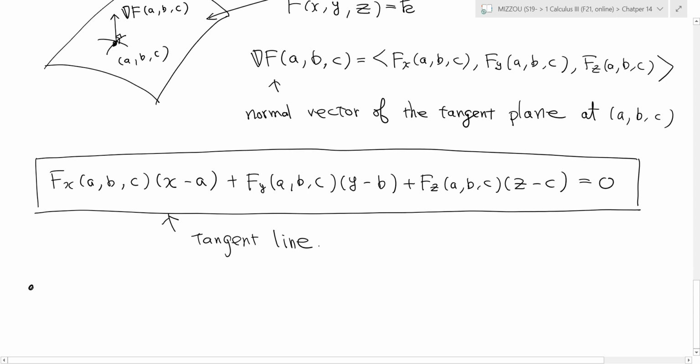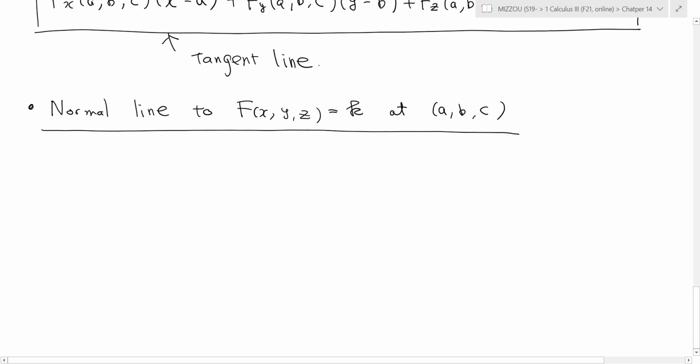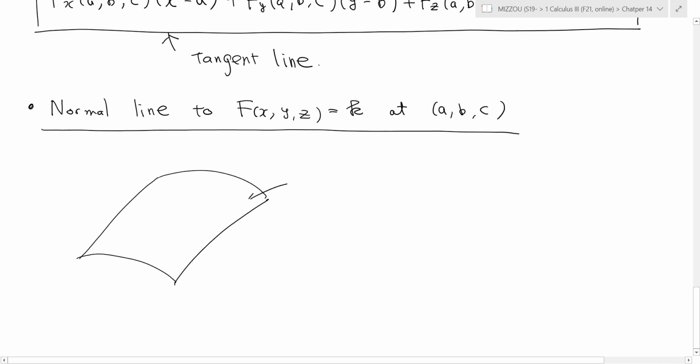Also, there's a concept called normal line to the surface at a, b, c. Namely, here's a surface f of x, y, z is equal to k. And then you have a point on the surface.